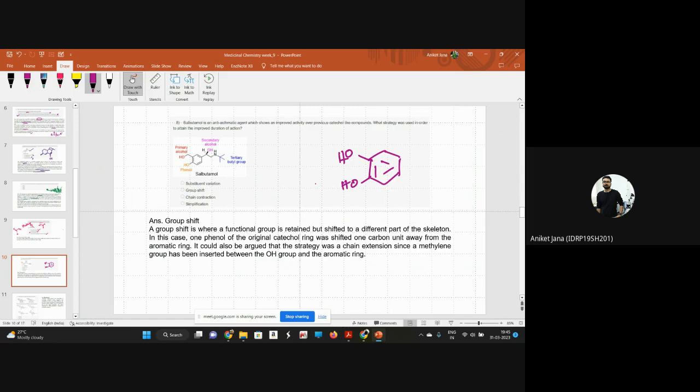So it is saying that in this improved structure, which shows better activity than our parent catechol compound, this is a primary alcohol as it is connected with the CH2 group, and this is a secondary alcohol as this carbon atom is attached to two different groups and one hydrogen, and this is a tertiary butyl group. The NH2 is protected with the tertiary butyl group.